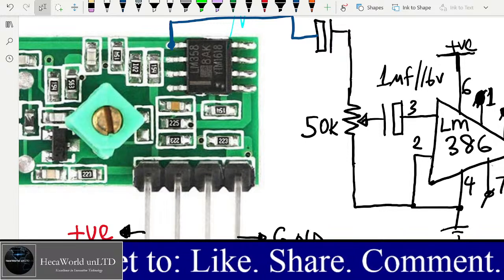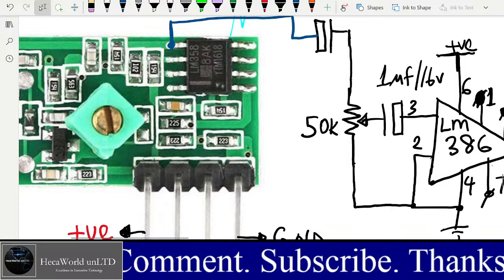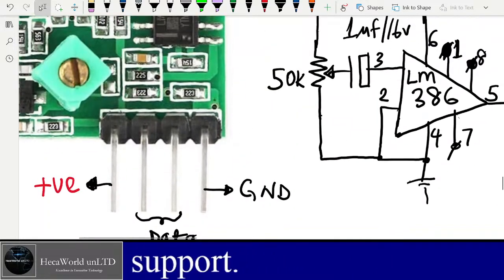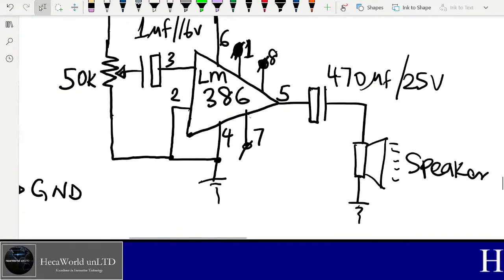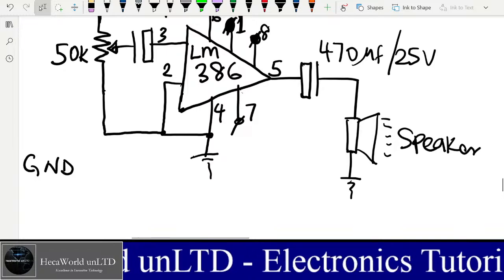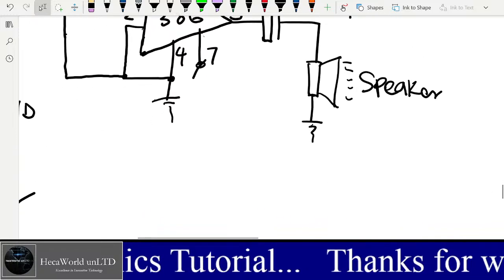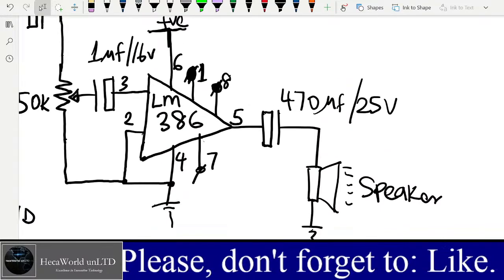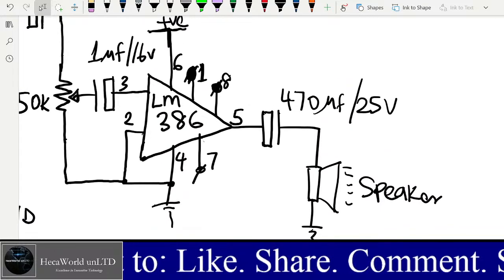Pin 2 is the inverting input, pin 3 the non-inverting input. Pin 5 and pin 6 are the inputs of the other half of the amplifier.